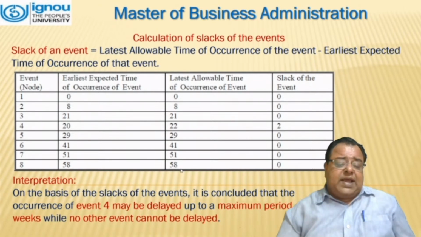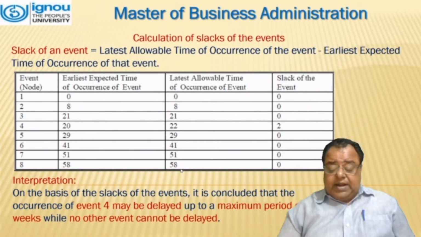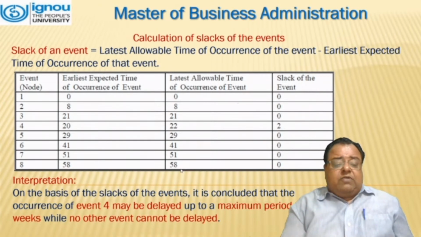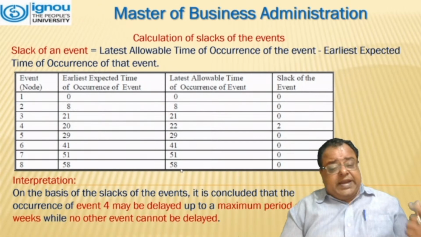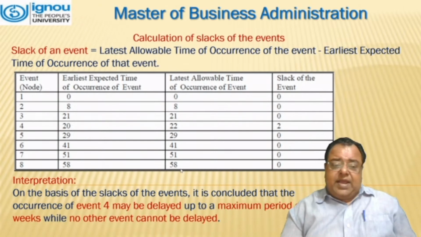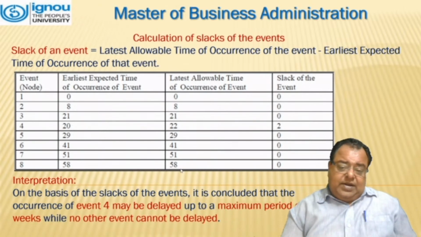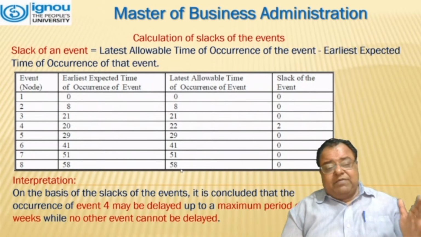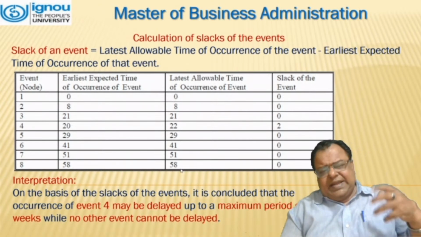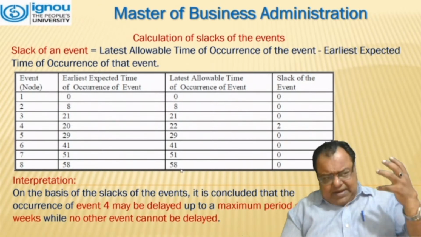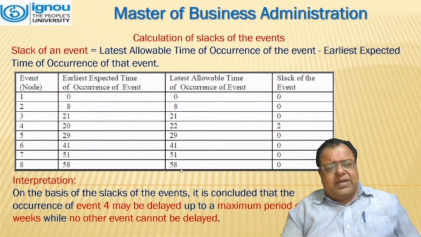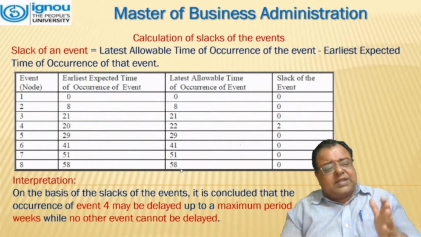On the basis of the slack of the events, it is concluded that the occurrence of event 4 may be delayed up to a maximum period of 2 weeks, with no other event delayed. That means when we have reached event 4, we can delay it. We can wait for other events to be performed, rather than moving to 5.